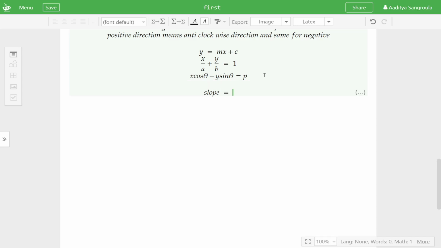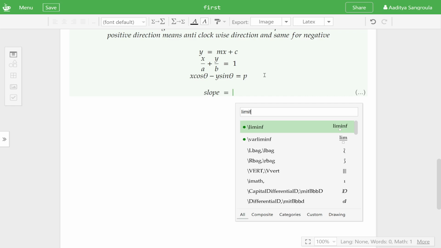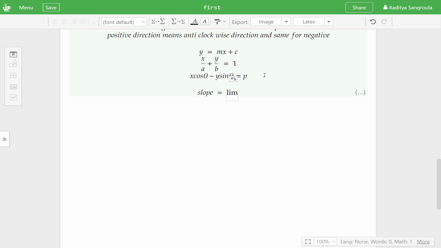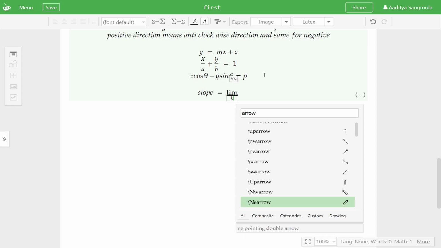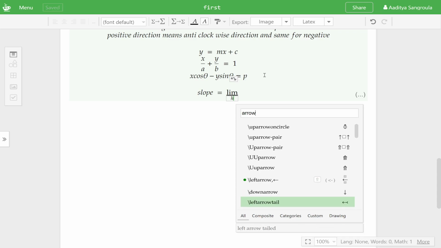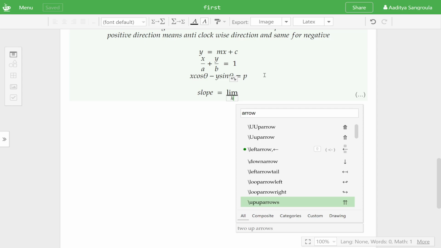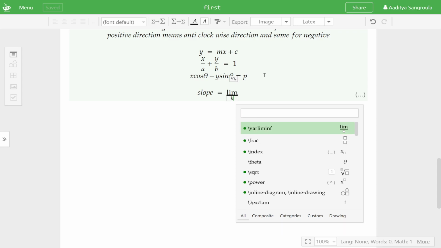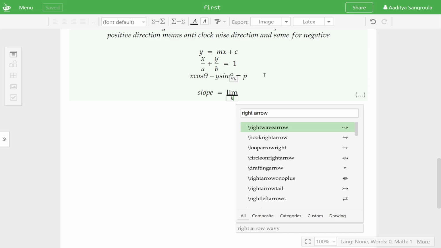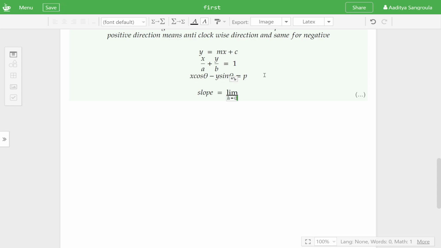Slope is equal to limit as h approaches 0, right?